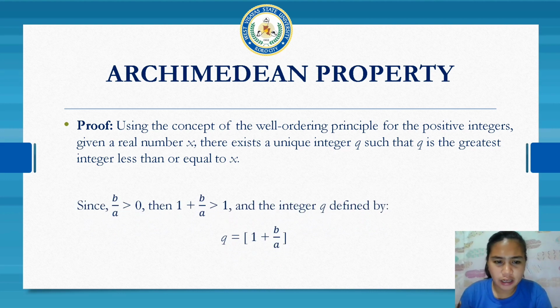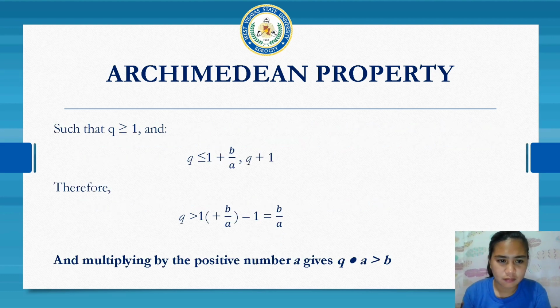Since b over a is greater than 0, then 1 plus b over a is also greater than 1. And the integer q is defined by q equals the greatest integer less than or equal to 1 plus b over a, such that q is greater than or equal to 1 and q is less than or equal to 1 plus b over a, less than q plus 1.